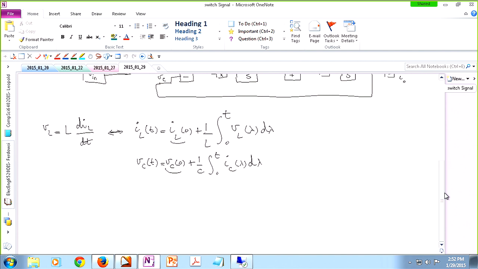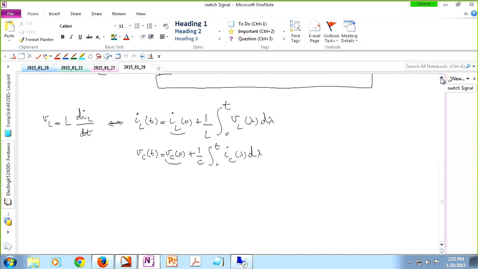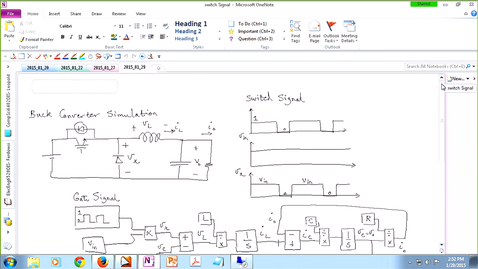So the topologies that we have analyzed so far are non-isolated converters in a sense that, for instance, if you look at the buck converter, the ground of the input is the same as the ground of the output. Sometimes, in terms of protection, this is not allowed.